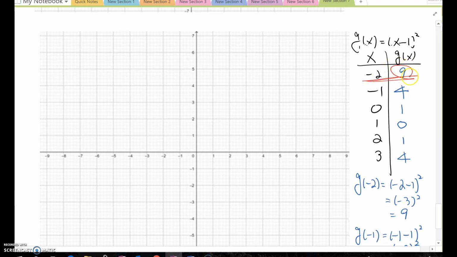Unfortunately, I don't have a y value of 9, so I cannot plot this point on this plane graph. Sorry, its y scale is too small. It doesn't reach until 9. But I can plot between here. So (-1, 4), (0, 1), (1, 0), (2, 1), and (3, 4). So let's connect these points.